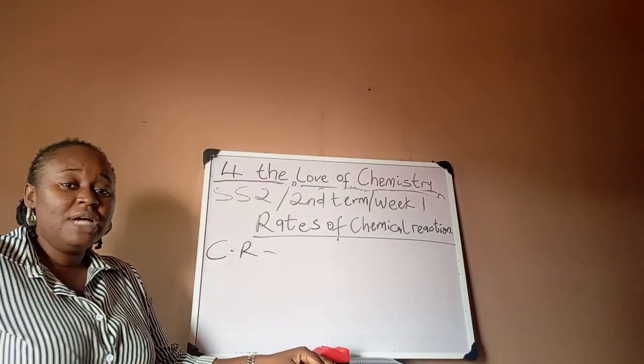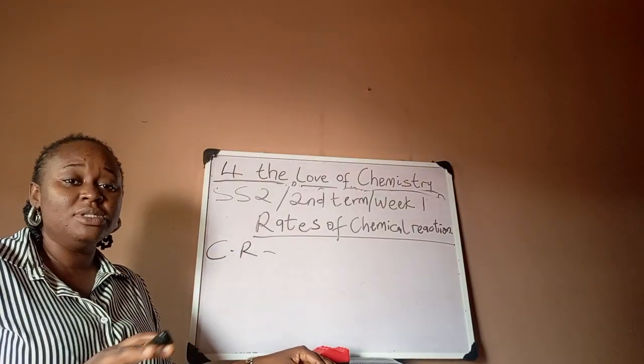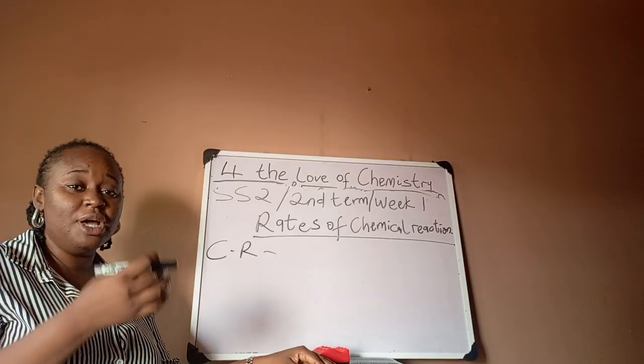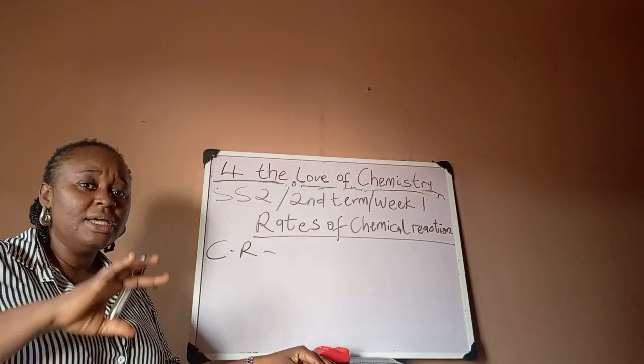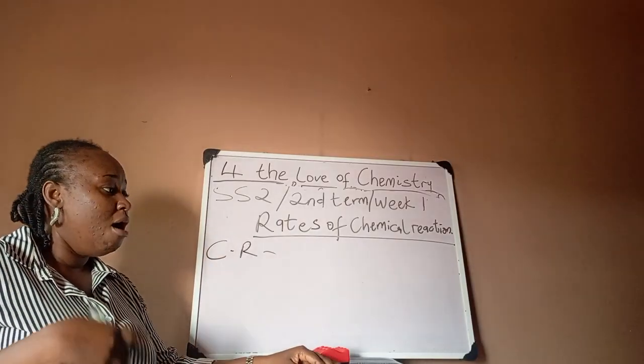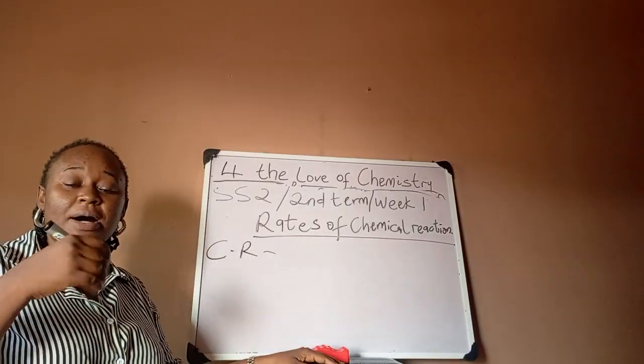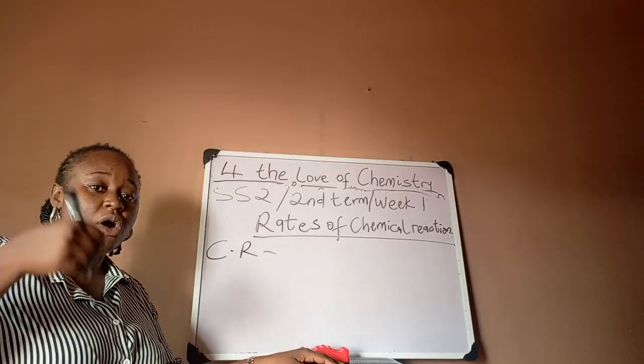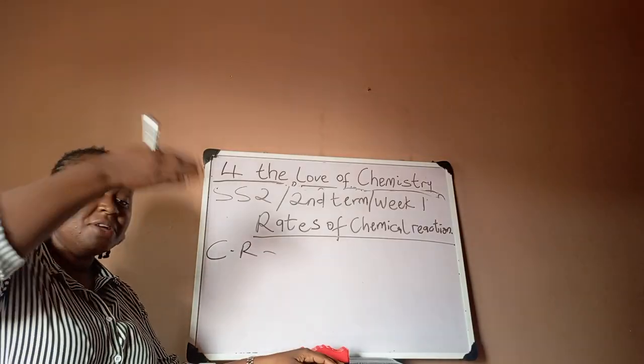This conversion happens when the atoms of the reactants are changed, or there is breaking of bonds and formation of new ones, or there is a creation of a new substance from the reactant.